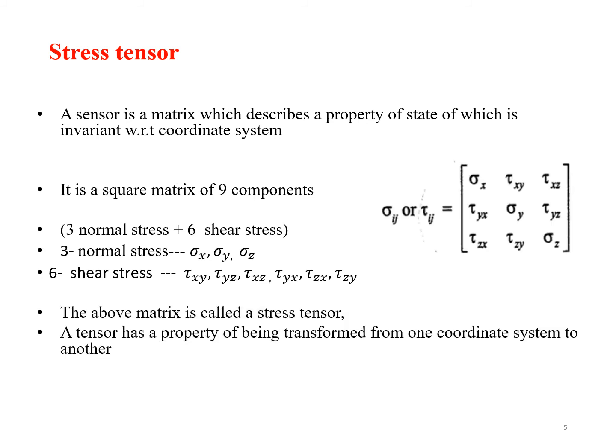You can see this in the matrix shown here. The above matrix is called the stress tensor. The tensor has the property of being transformed from one coordinate system to another.